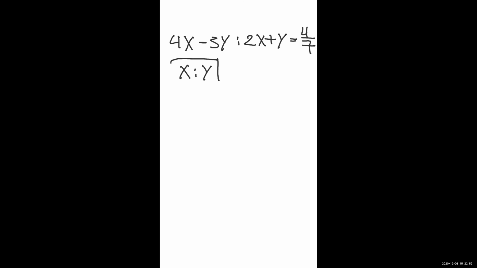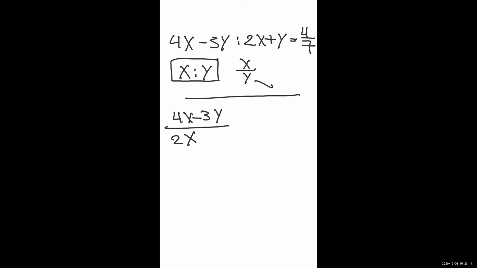Okay, I want to get x to y, which is x over y, right? So now 4x minus 3y to 2x plus y equals 4 over 7. So this means 4x minus 3y over 2x plus y equals 4 over 7.